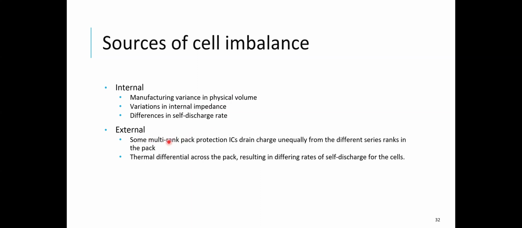If I pack batteries in series in a pack together, they might heat up more quickly depending on where they are within the battery pack, depending on how the battery is being cooled. So if the temperature of the battery is higher, the self-discharge rate is also higher.